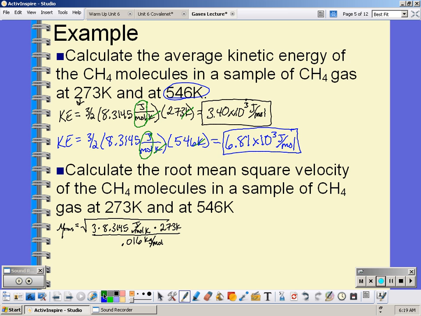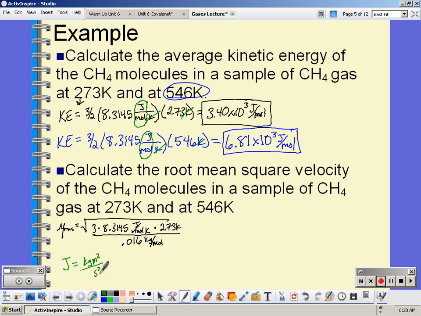If we look at the units, a joule is equal to a kilogram meter squared per second squared.